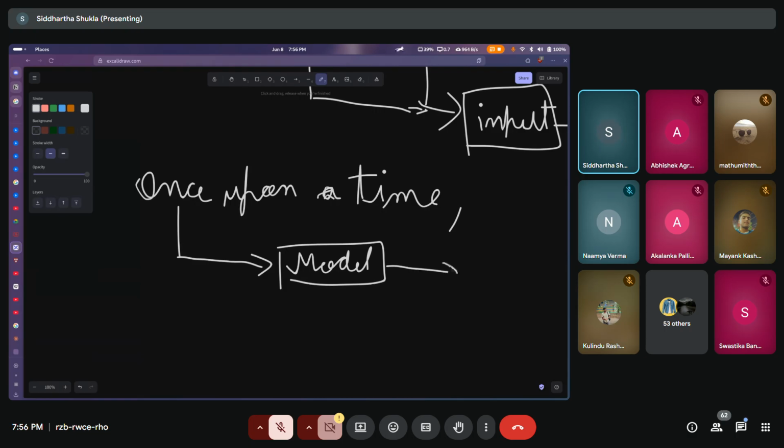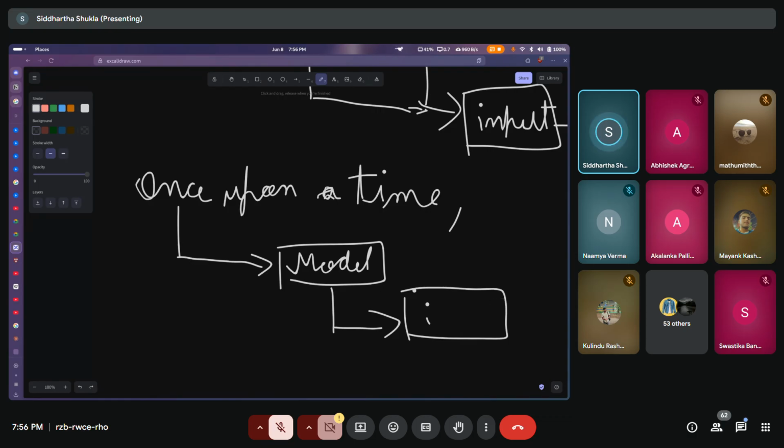The model takes this as the input, then takes what it has learned and uses that as the next input. It doesn't produce the output in this case.